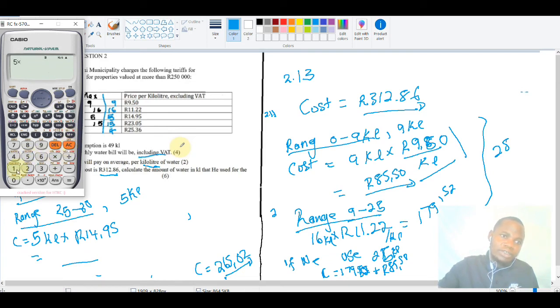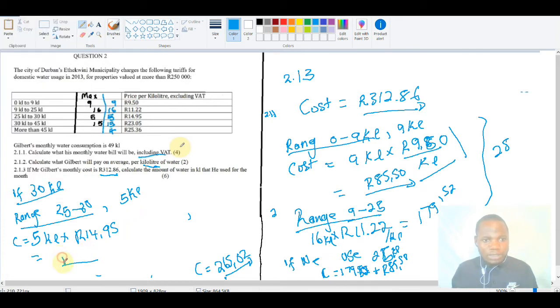5 times 14.95, then you get 74.75 rand. So now this is the maximum that can be charged according to that range.